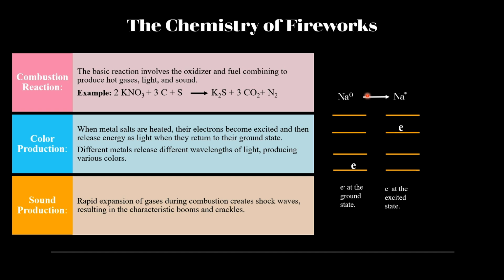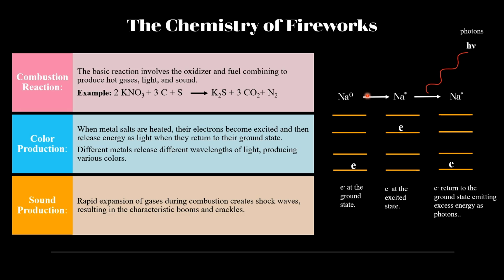Staying in these high energy levels is unstable, so electrons try to return to their ground level. Upon returning, their excess energy is released as photons. These photons are in specific wavelength regions in the visible spectrum, so we can see different colors.